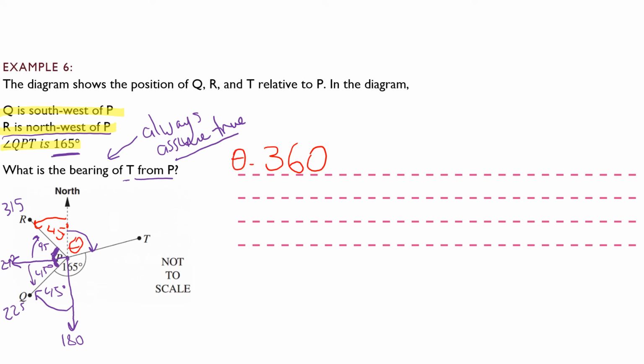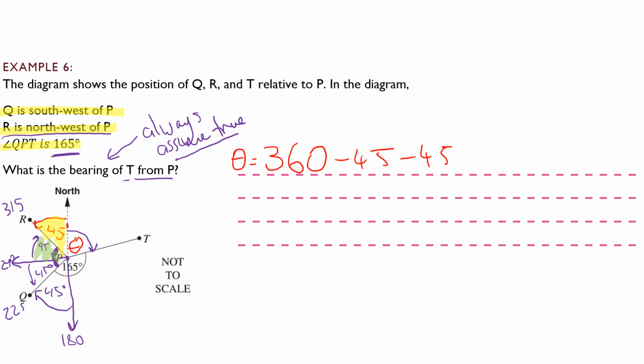So right, theta equals 360. And we're going to take off, I'm going to highlight the angles we're going to take off. So we're going to take off this 45 here. So minus 45. We're going to take off this 45 here. Minus 45.